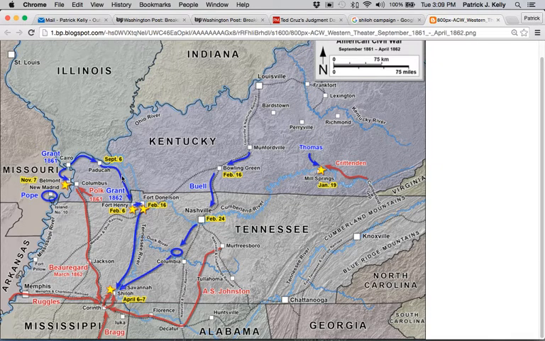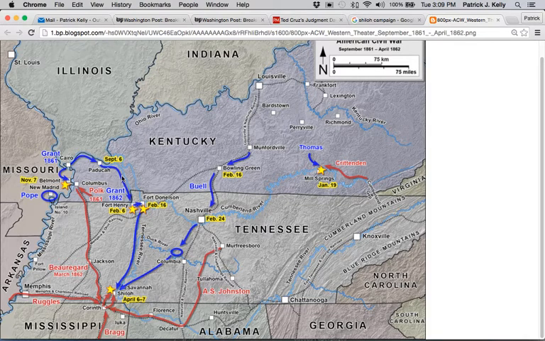So when Grant looks at the map, he decides that the best objective for the Union Army, now that he's captured Henry and Donelson, and by extension the Tennessee River and the Cumberland River, is to go down the Tennessee River and capture Corinth, which is this major railroad center in the South.